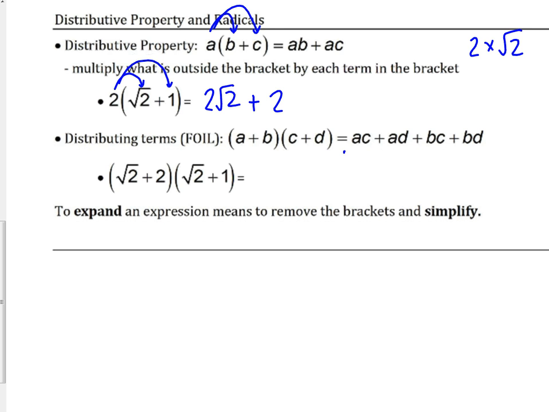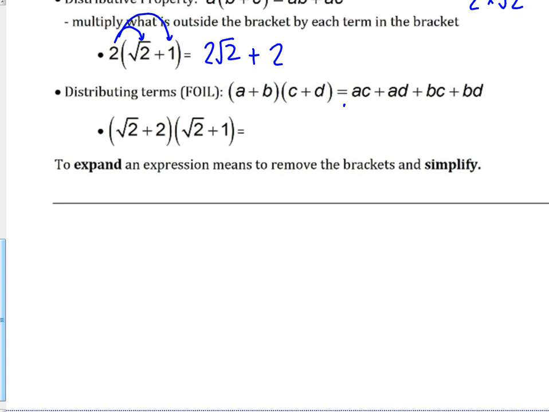Okay. You guys remember FOIL? Did you ever meet Binomial Man? He just needs a little hair. And there is Binomial Man.